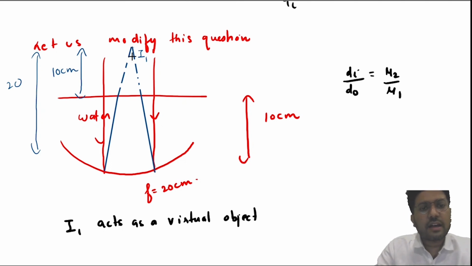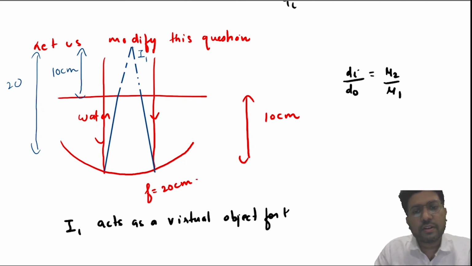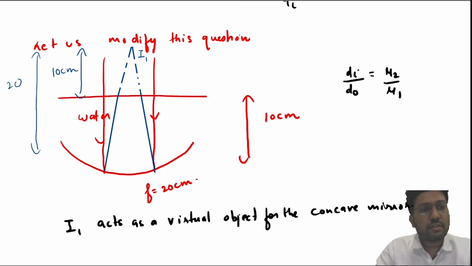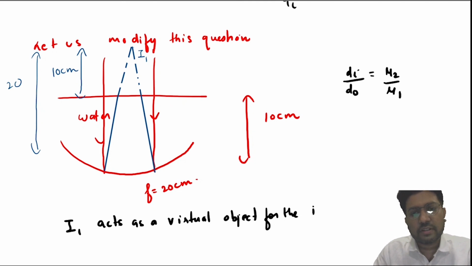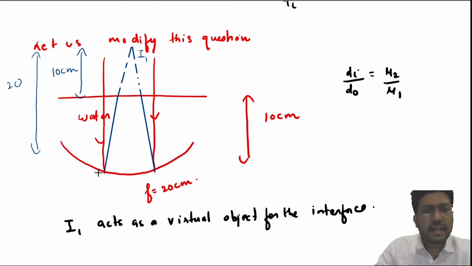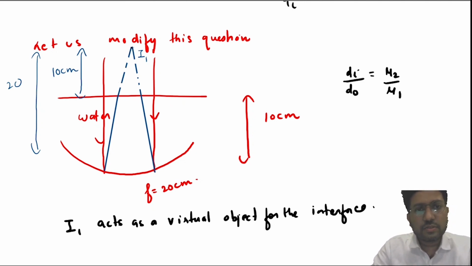I1 is the image of the concave mirror and it acts as a virtual object for the interface. Why virtual object? Because this is the interface and the ray of light here appears to intersect at this point. So this point is the virtual object for this interface, right?